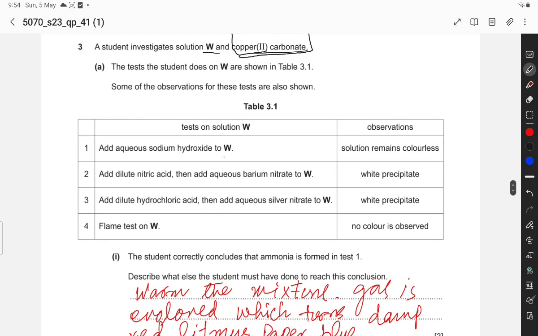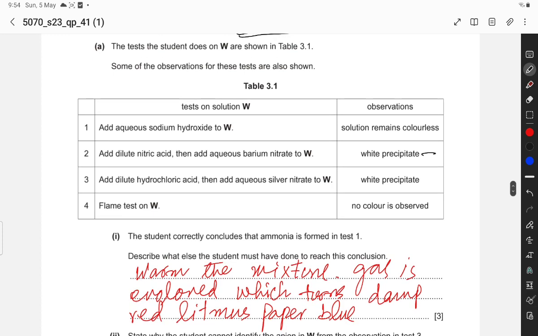Add aqueous sodium hydroxide to W, solution remains colorless. Add dilute nitric acid, then add barium nitrate, and a white precipitate is formed. If adding barium nitrate gives a white precipitate, this is the test of sulfate ion. Add dilute hydrochloric acid, then add aqueous silver nitrate, white precipitate.